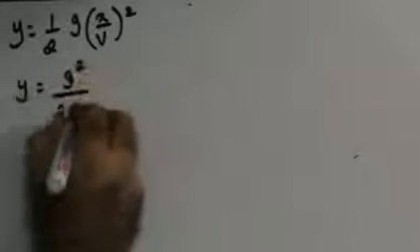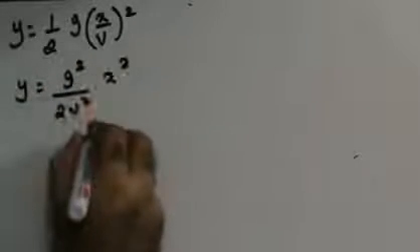If I substitute this value in the equation of y, I can say that y is equal to half g, and instead of t, I write x upon v the whole square. So y is equal to g upon 2v square into x square.